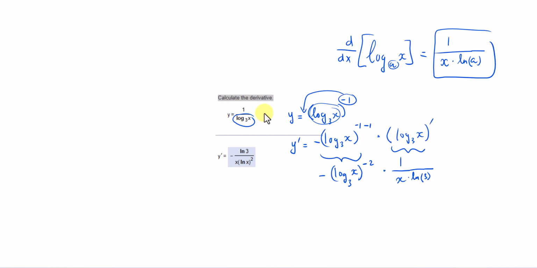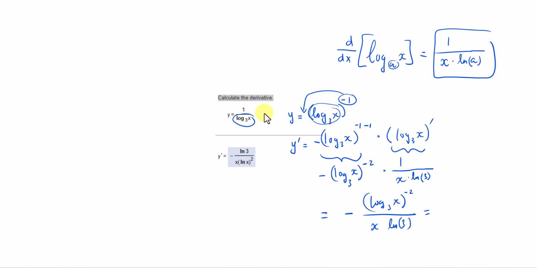So I can also combine them. Multiply that by 1. On the top, I will get log base 3 of x to the power of -2 over x and ln of 3. Okay, and we can further rewrite this.